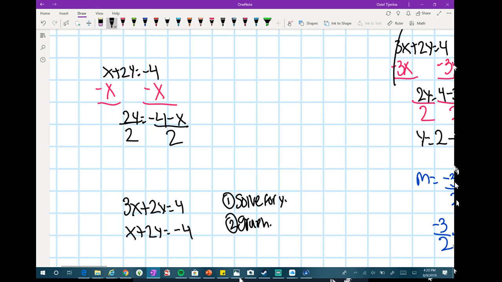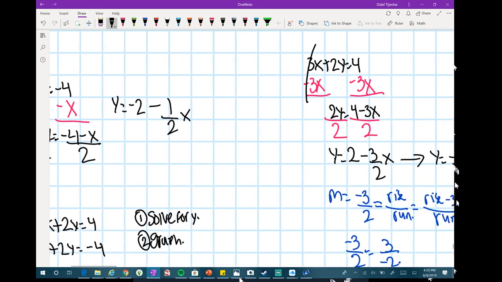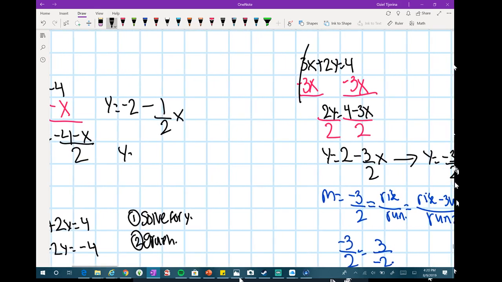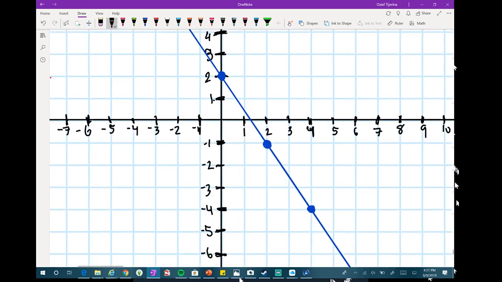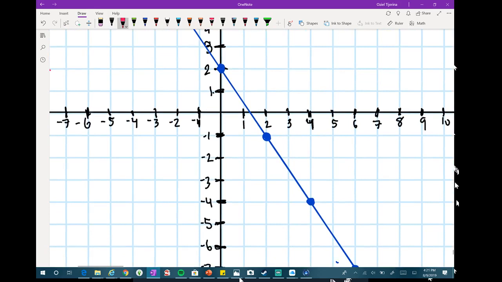If you divide by 2, you have y equals negative 2 minus 1/2 x, which is basically y equals negative 1/2 x minus 2. Then you plot that one: your y-intercept is at negative 2, and then you go down 1 and right 2.